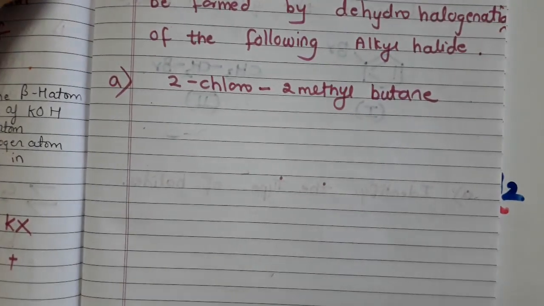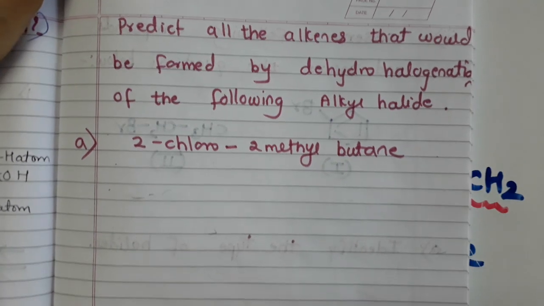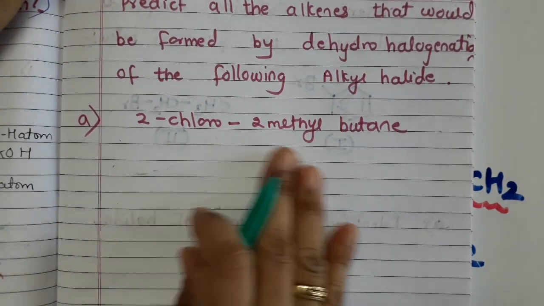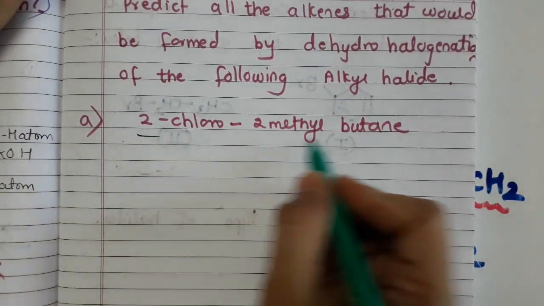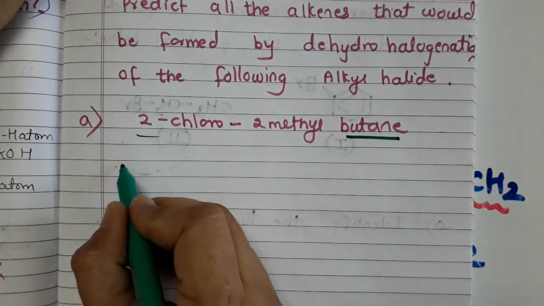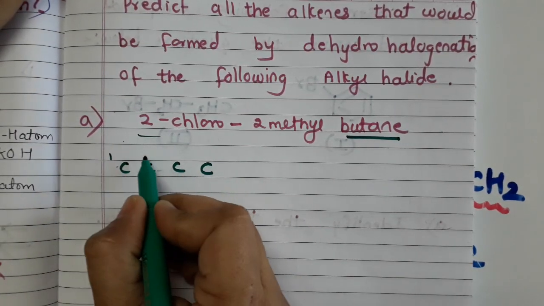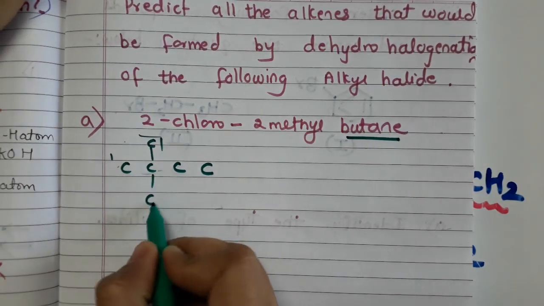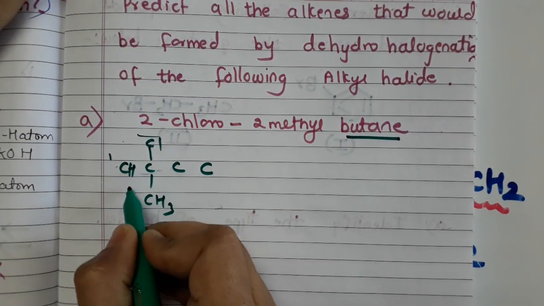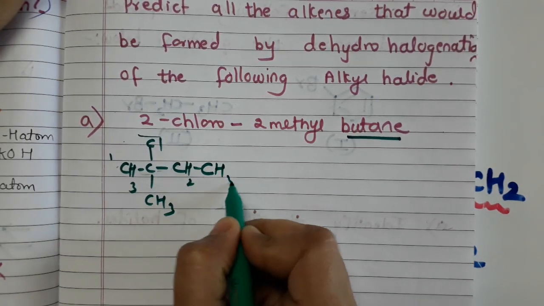Now let us look at the next question. Predict all the alkenes that would be formed by the dehydrohalogenation of the following alkyl halide. So first we will draw this particular alkyl halide. It is written butane, so we will put 4 carbon atoms, 1 2 3 4. So at 1 2, we have chloro, we have methyl, so I write CH3, C, CH2 and CH3.